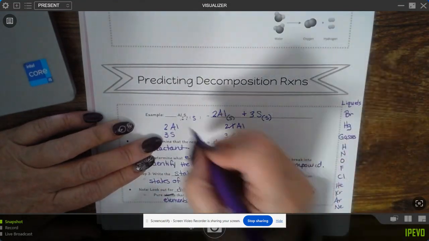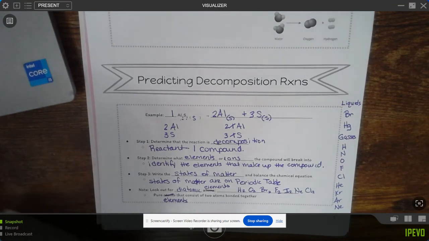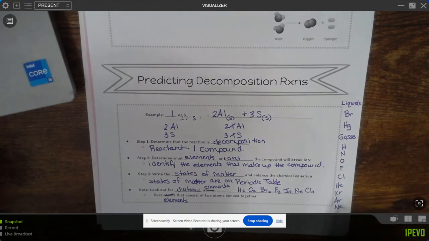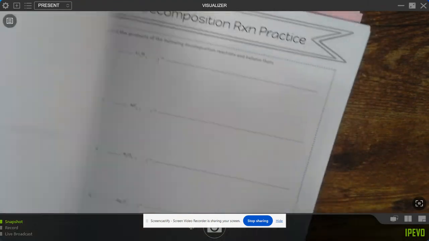And now my equation, I'll put a 1 there, my equation is balanced. Pretty easy. The biggest thing people mix up on decomposition is catching those diatomic elements. Hopefully you will get better at this.